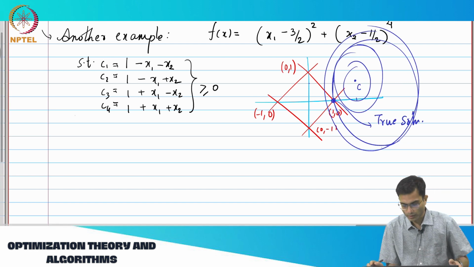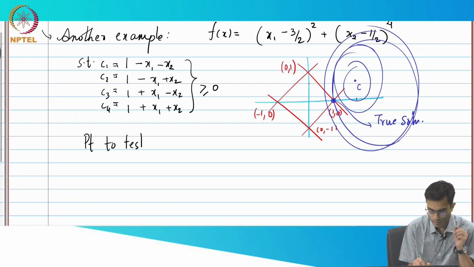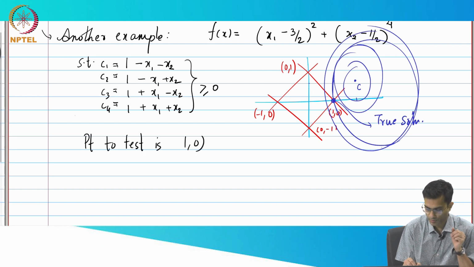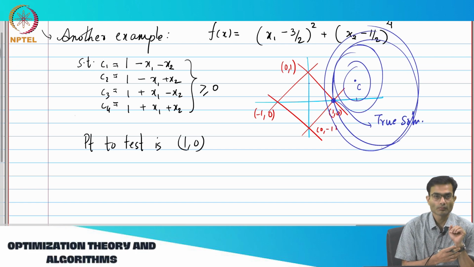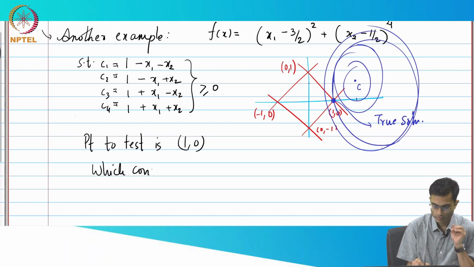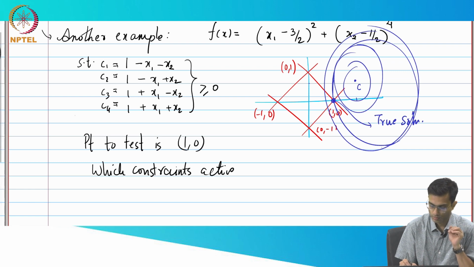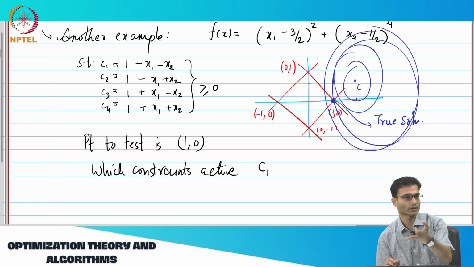Now the point to test is (1, 0). At (1, 0), which constraints are active? C1: you can substitute, 1 minus 1 equal to 0.